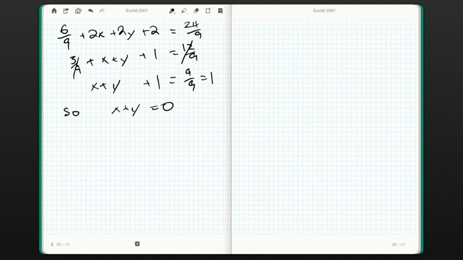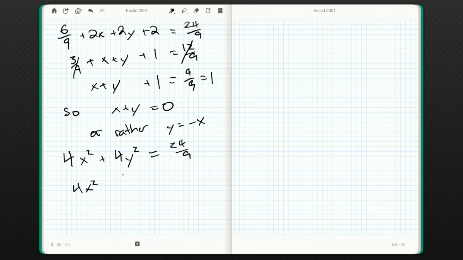Okay, so x plus y is equal to 0, or y is equal to negative x, and now I can substitute that in. So 4x squared plus 4y squared was equal to 24 over 9. But since y is equal to negative x, then that's 4x squared as well, 24 over 9.